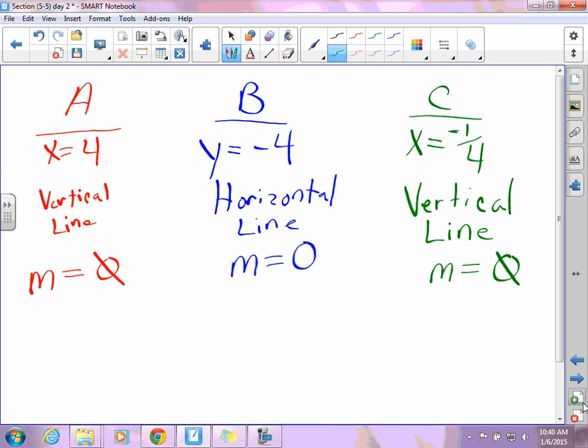So which lines are parallel? Yes. A and C are parallel. And you go, wait a minute, it says X equals 4 and X equals -1/4. They're not the same. The parallel is the slopes. What are their slopes? Undefined. They have the same slope.